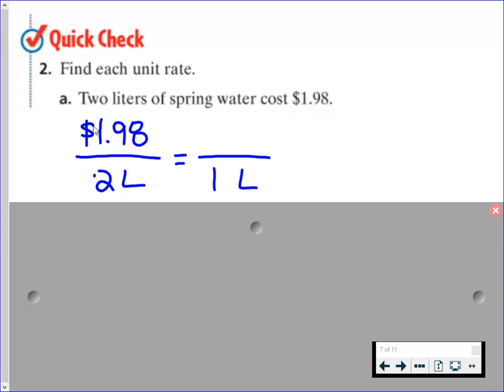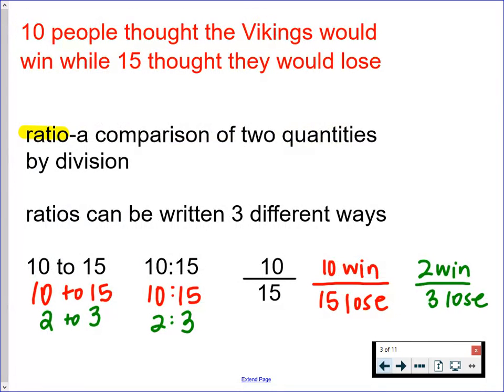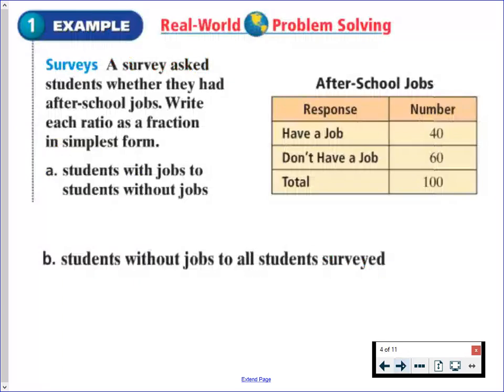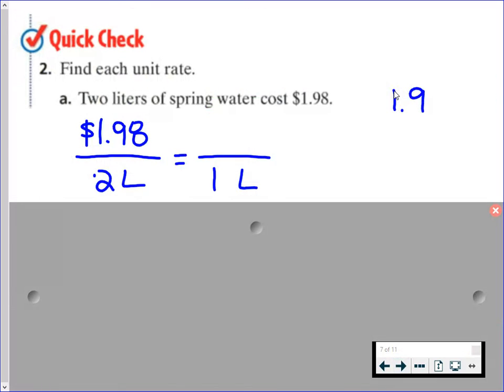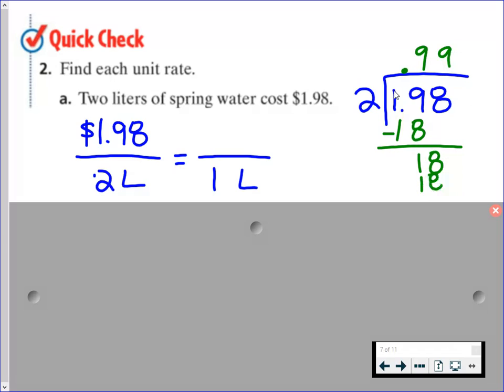How can I find how much for 1 liter? If you haven't already divided, this would be a good time to do that. $1.98 for 2 liters, or 99 cents for 1 liter.